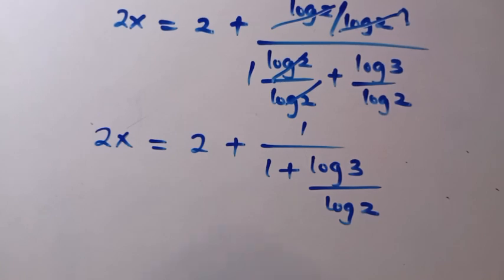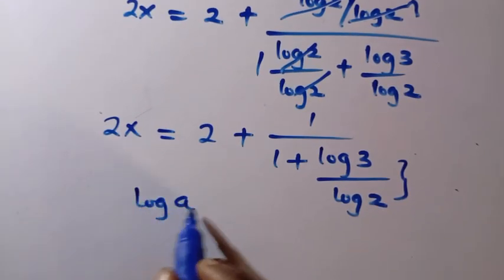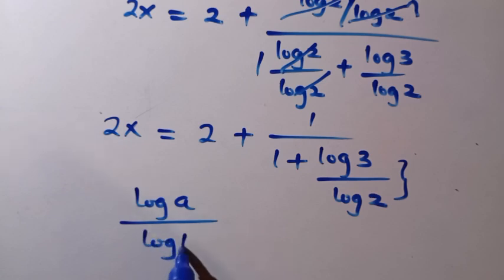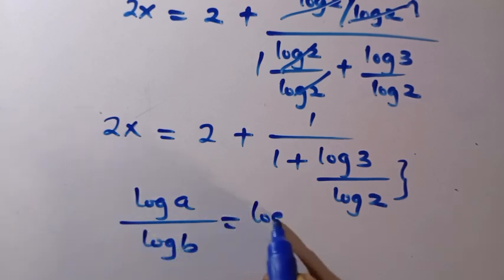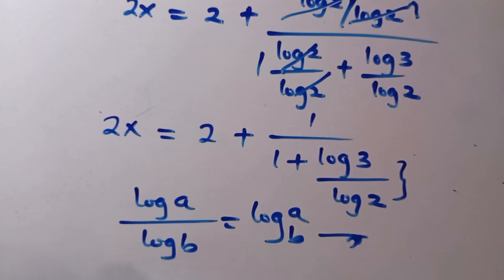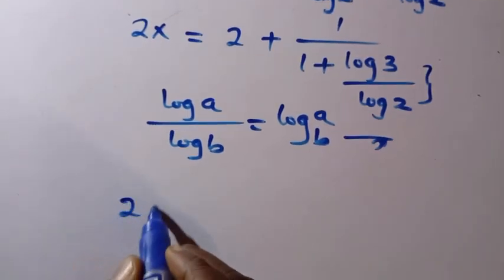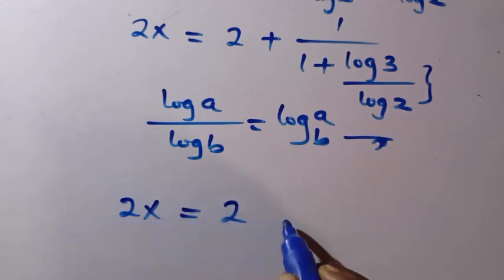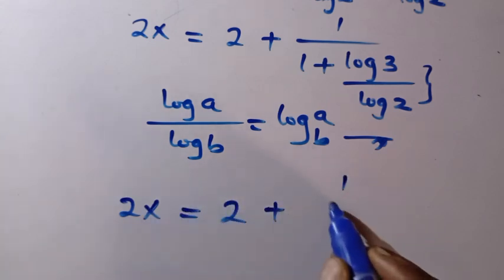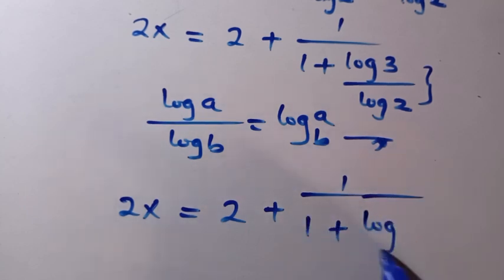From this also, let's say we have log a divided by log b, this equals log a base b. So by applying it here, we have 2x equals 2 plus 1 divided by 1 plus log 3 base 2.